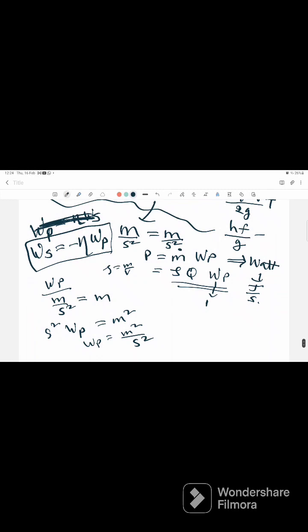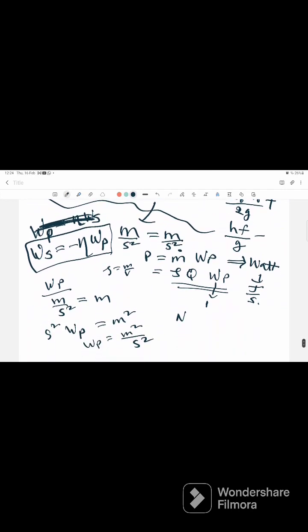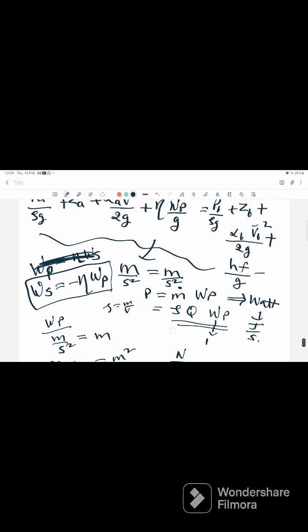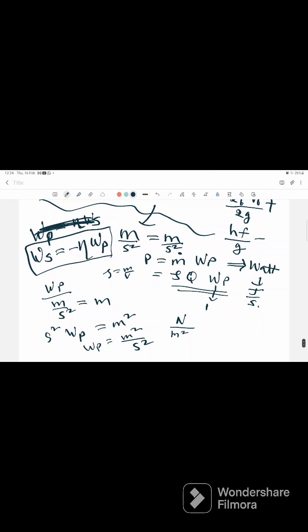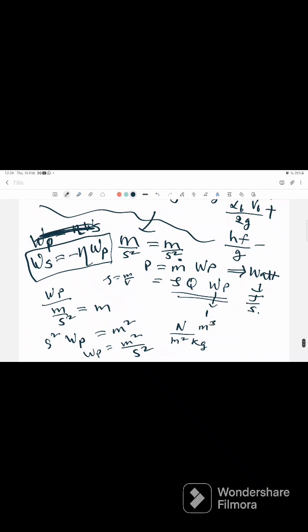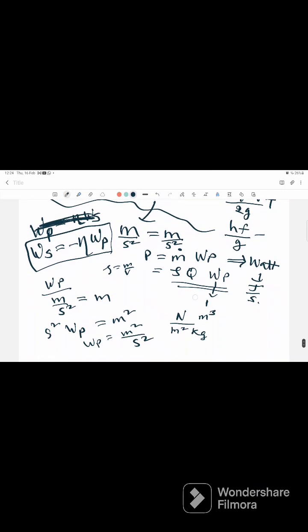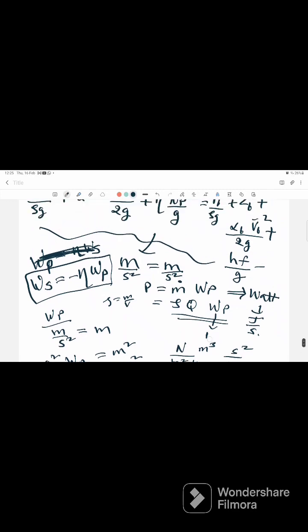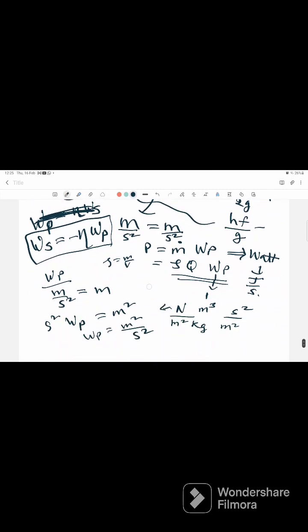So PA is Newton per meter square, kilo by meter cube, then meter square on second square, Pascal, and Newton is kilometer per second square.